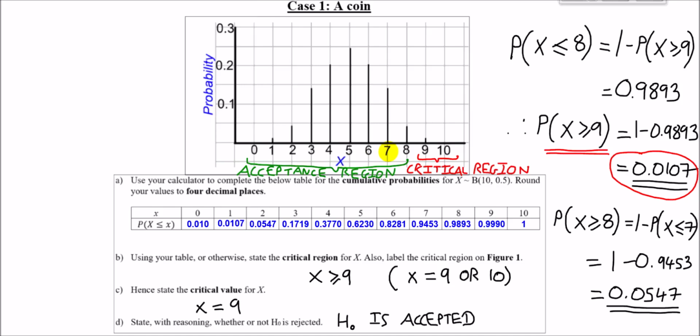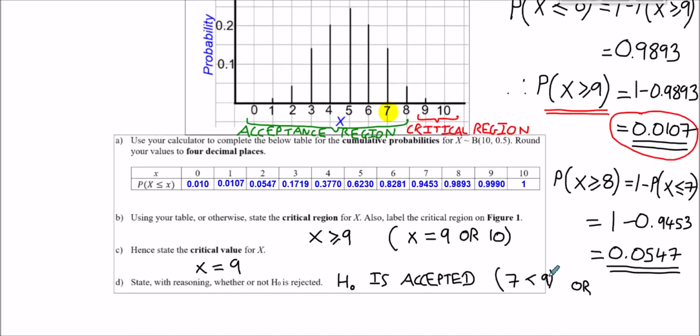And so for our reasoning, we could either say 7 is less than 9, or we could just say that 7 is within the acceptance region. Either explains nicely why we don't reject H0.